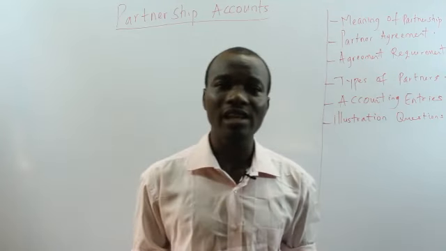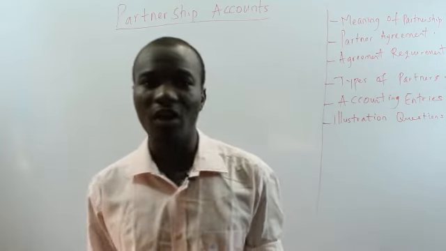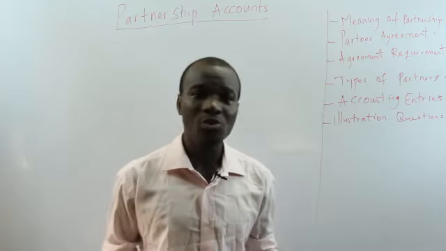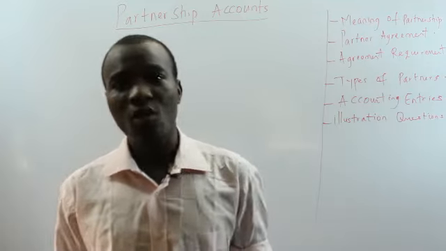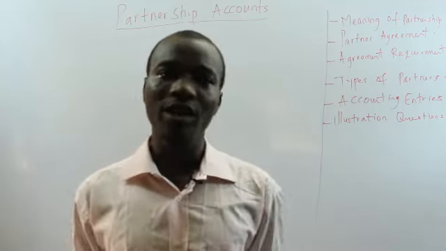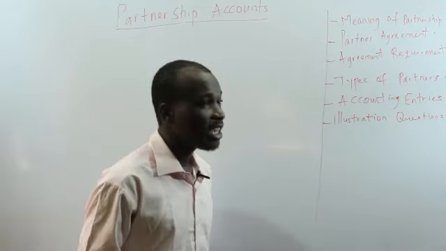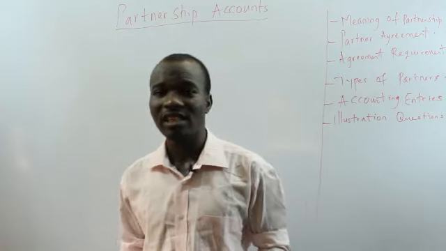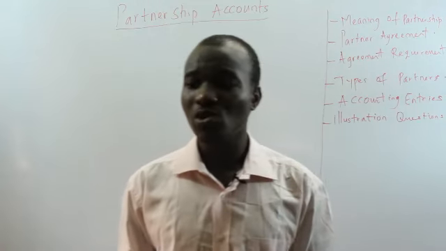What interest is it going to charge on the capital of the business? So interest will be given to partners on their capital. And the next one is interest on drawings. What certain interest will be charged on partners' drawings? That also will be taken into consideration. Now the interest on loans given by partners to the business will also be taken into consideration.